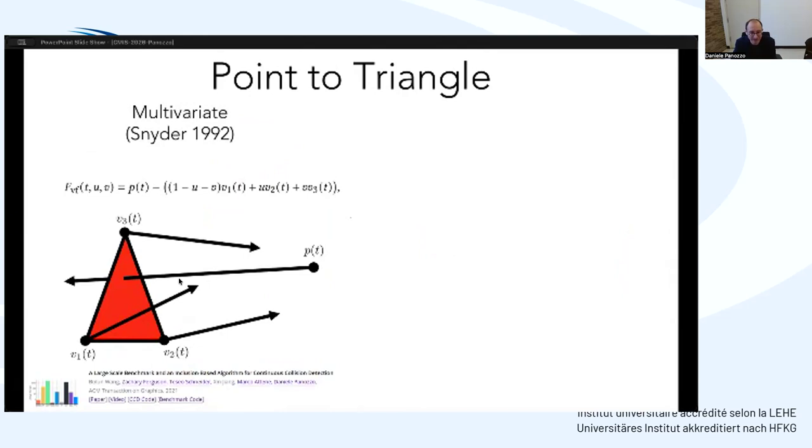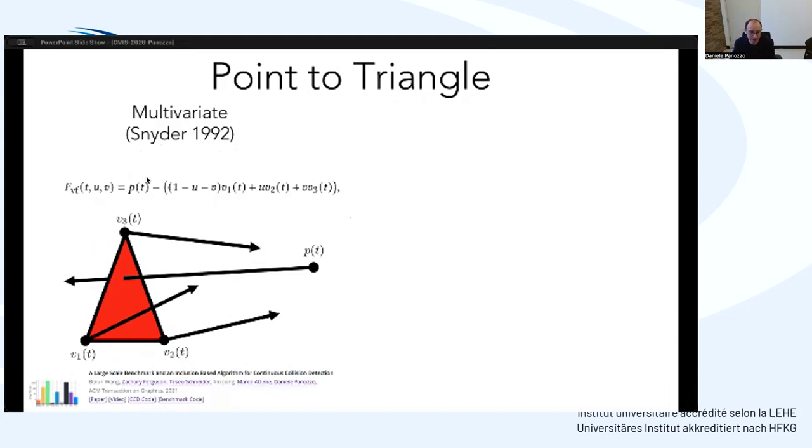And I have an interesting story to share on this, because we spent quite some years trying to figure out a reliable way to do this, because we had failures from existing codes. What we discovered is the following. In 1992, there was a fantastic paper from John Snyder called Interval Methods for Computer Graphics, something like this.